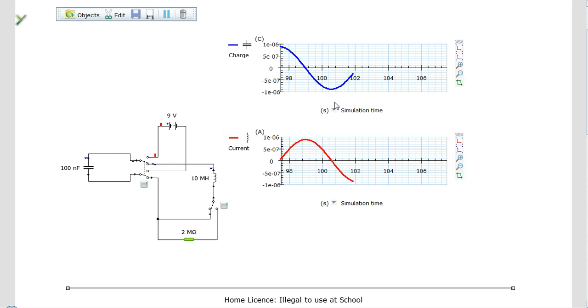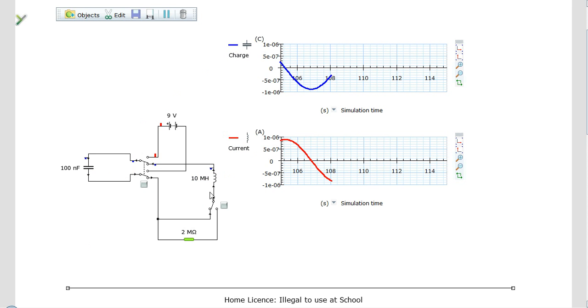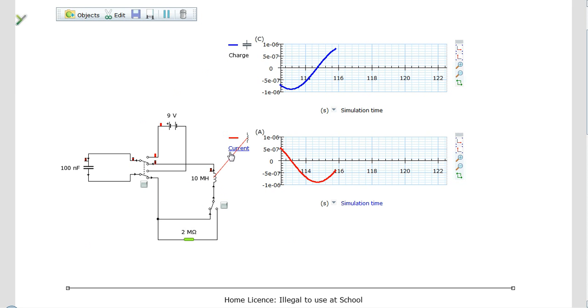Maybe it'd be more helpful, instead of looking at the graph, to look at the arrows and the charge indicators on the simulation. The arrows go in one direction as the charge flips in one direction, and then both of them flip around, and the whole circuit repeats itself.